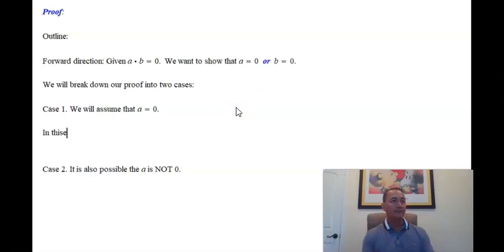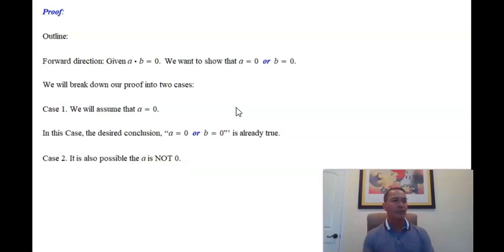In this case, the desired conclusion, which is, I'll put it in quotation marks, "A equals 0 or B equals 0," there you go, is already true. All right, so we have shown what it is that we want to show.